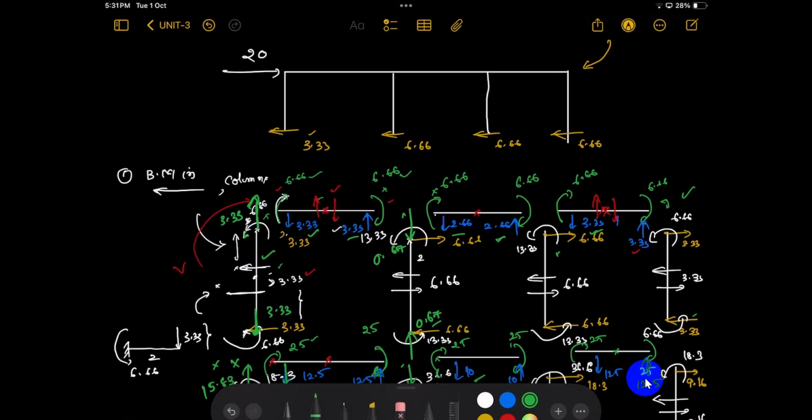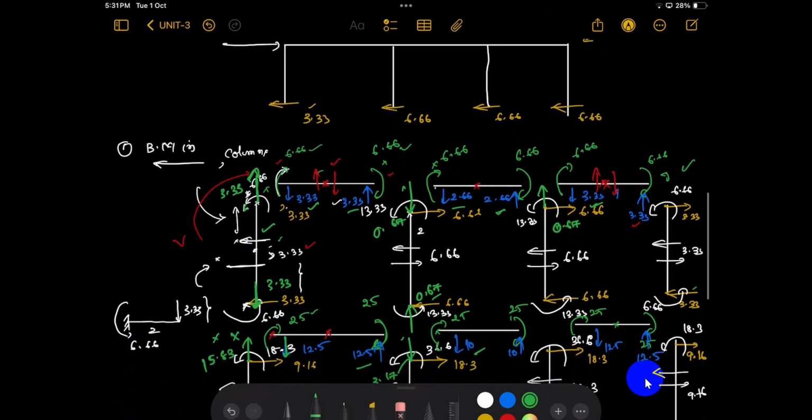Exactly, it's upwards. Upwards, how much is it? 0.67. Then only it balances the 3.33. That's it. So here it comes to 0.67 downwards. Okay.